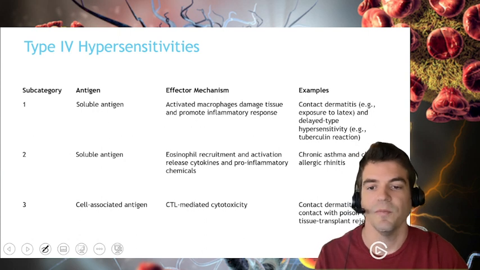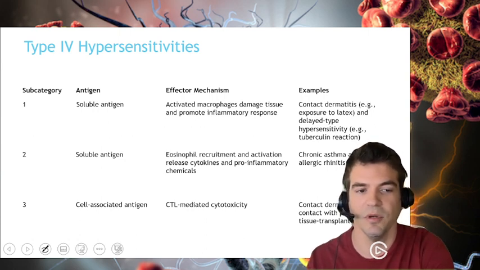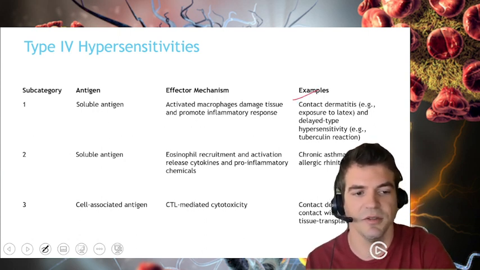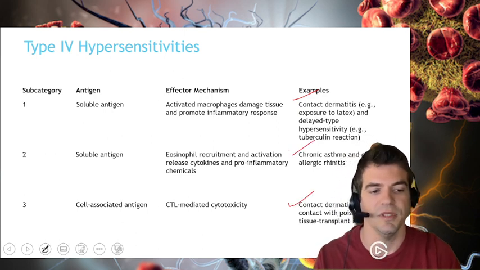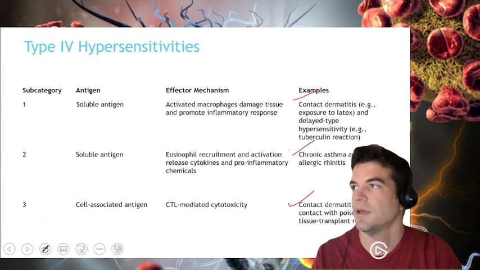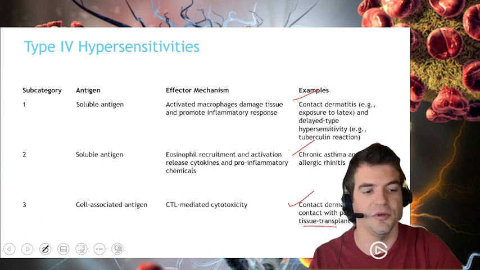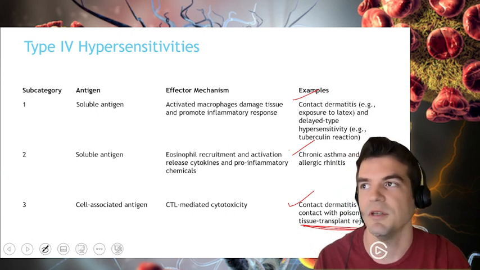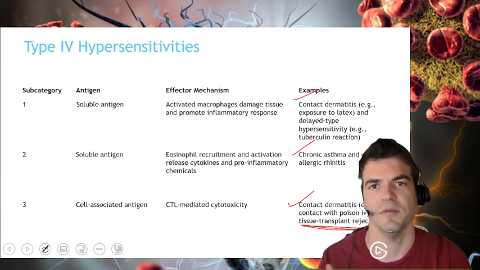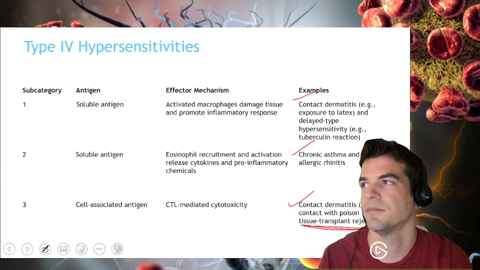So we have some type 4 hypersensitivities: contact dermatitis, chronic asthma, and contact dermatitis, just like poison ivy. It also does tissue transplant rejection, and this is where grafting comes into play, and you can have problems with grafting as well.